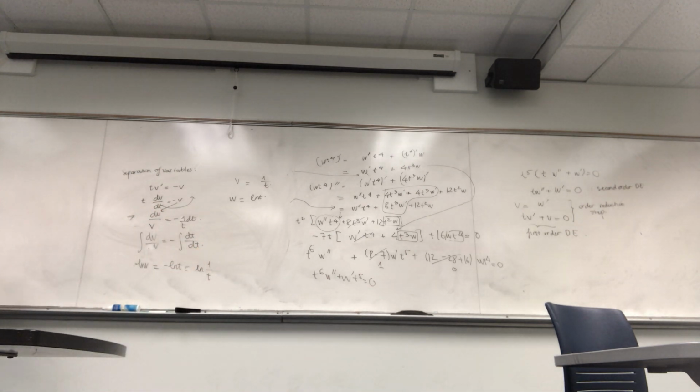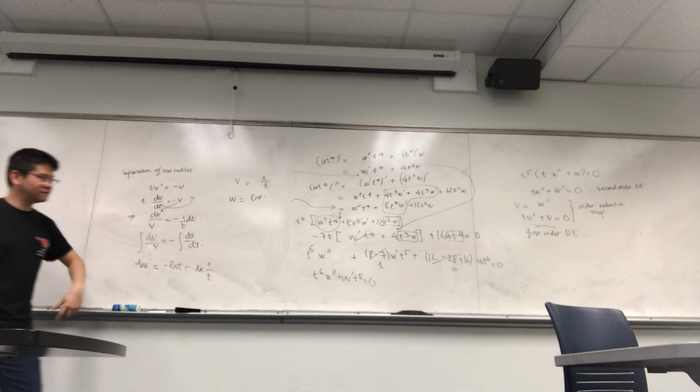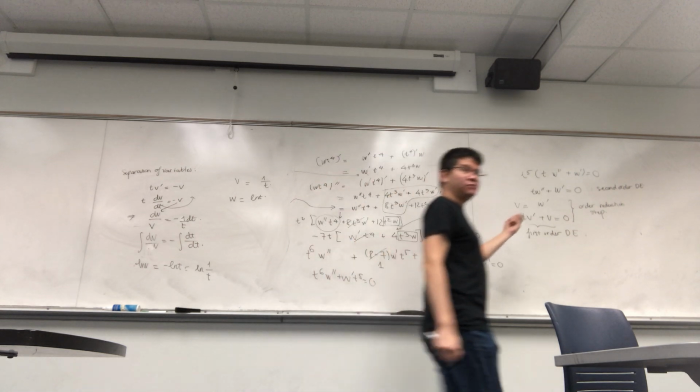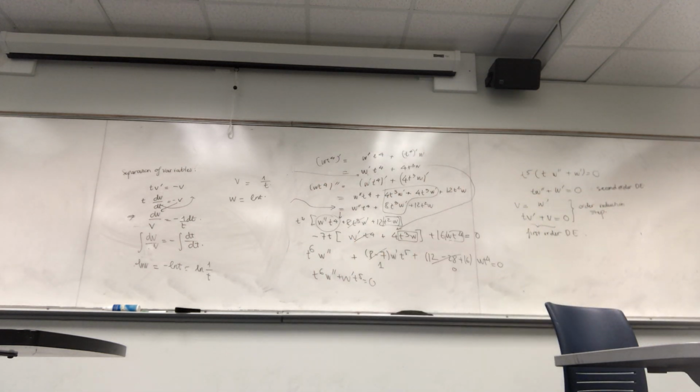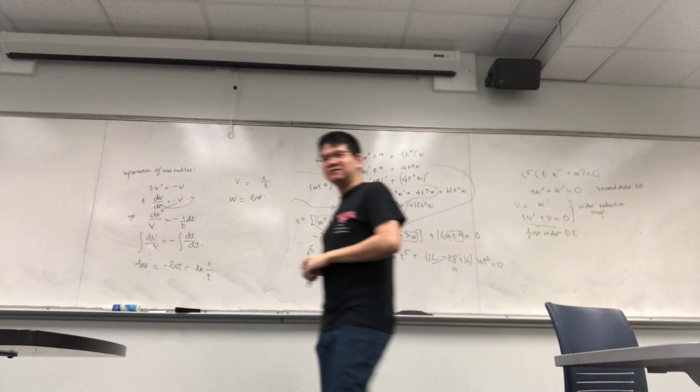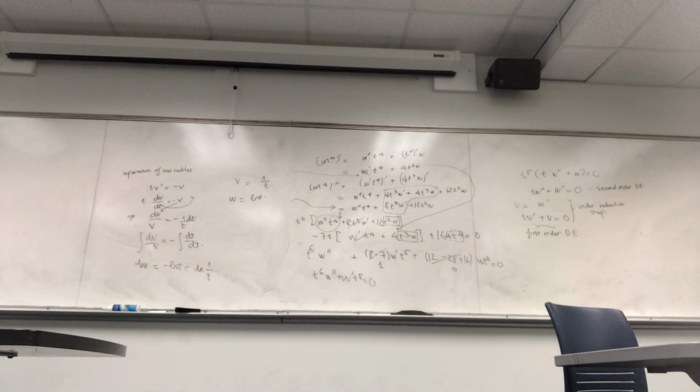I'll explain again. At this step, you have a first order differential equation, which is the simplest one, and it is also separable. So the simplest method can be applied, which in this case is the separation of variables method.